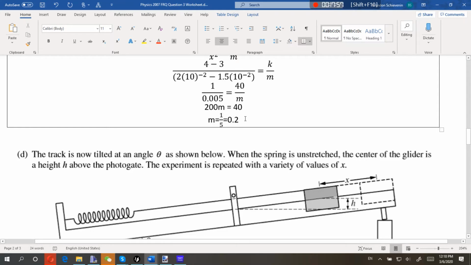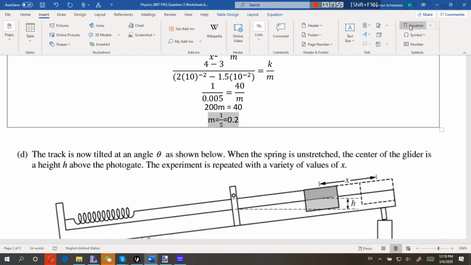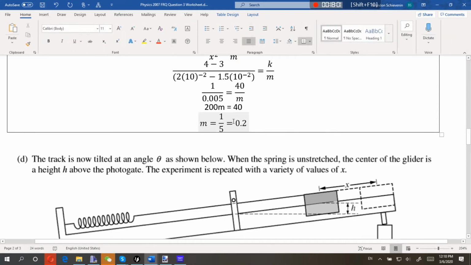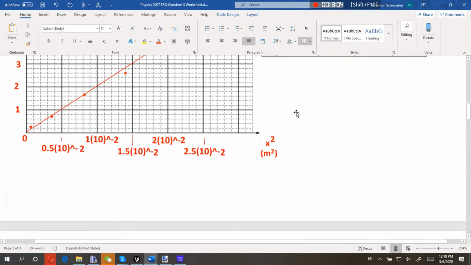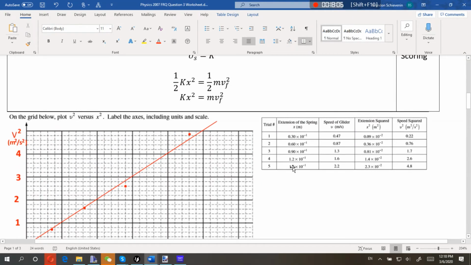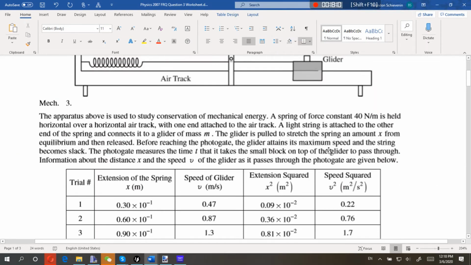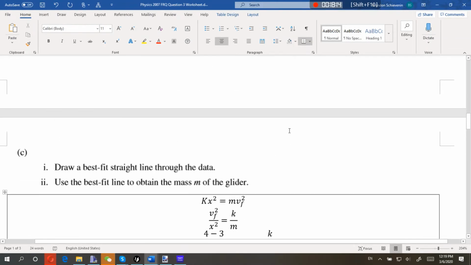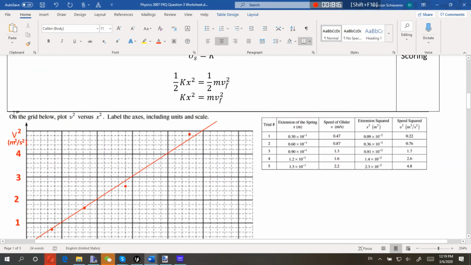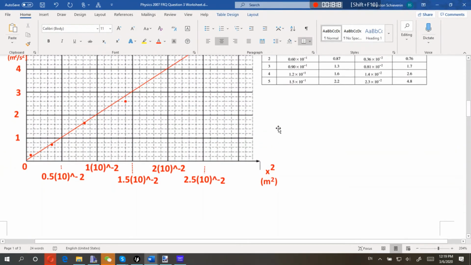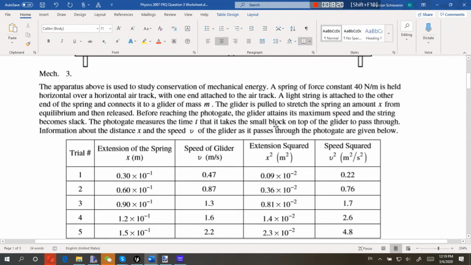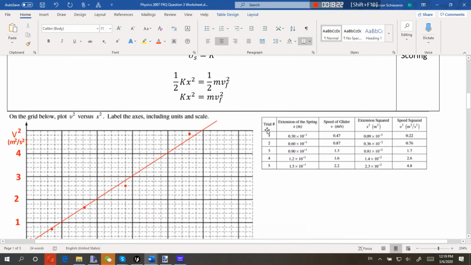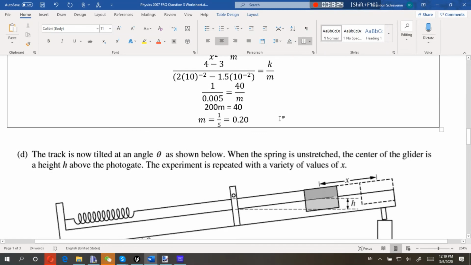I like the fraction as a calculus teacher. They'll probably want you to write it as a decimal and then sig figures. It looks like we need 2 significant figures for this, for both our v squared and our x squared. What are my units? Kilograms.